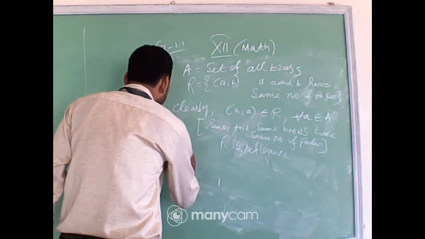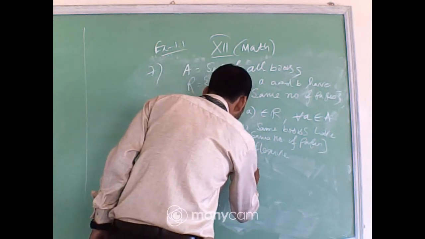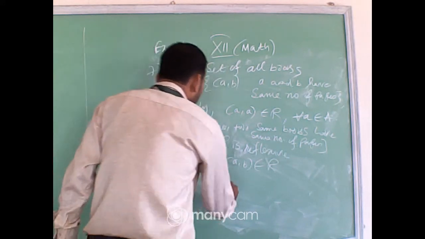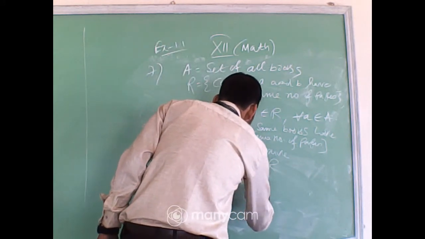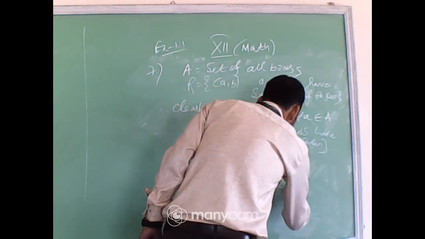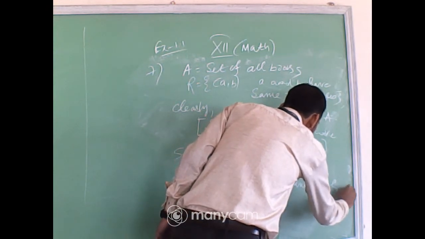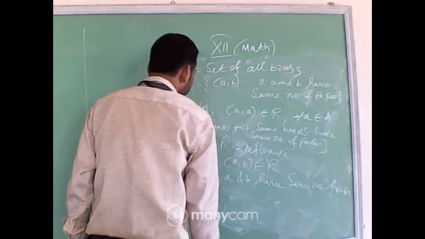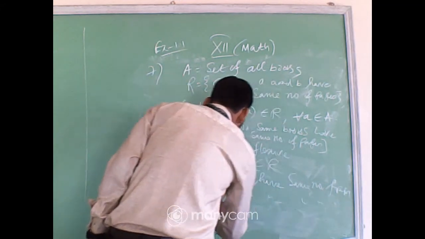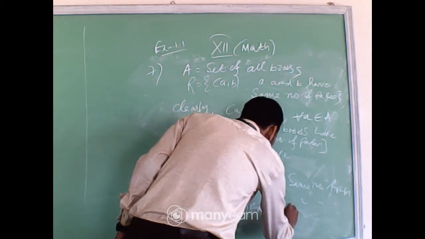Now suppose (a, b) belongs to R. Therefore a and b have the same number of pages, which implies b and a have the same number of pages, which implies (b, a) belongs to R. Therefore R is symmetric.